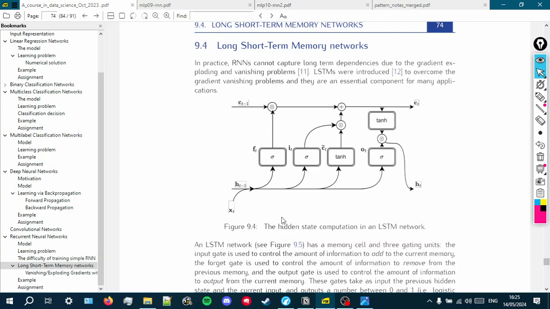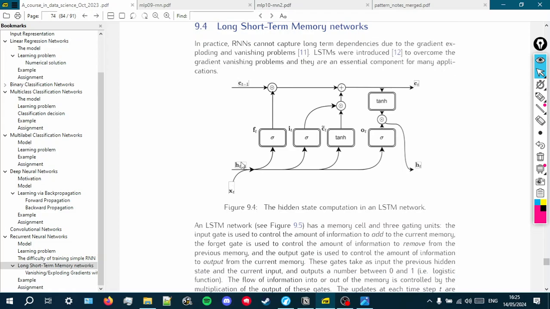So between each hidden state, or between each time step and the other, there's going to be this module of all of these gates together. So here, just from the diagram itself, we have our input going in with the hidden states previously, and then we're going to decide based on the gates what goes into the actual hidden states and what goes into our cell state.